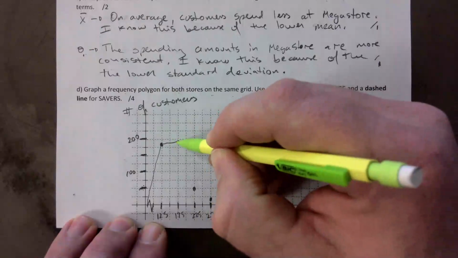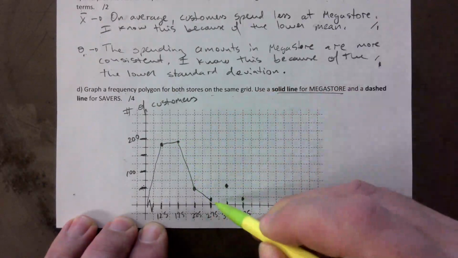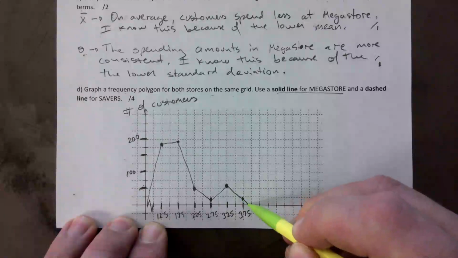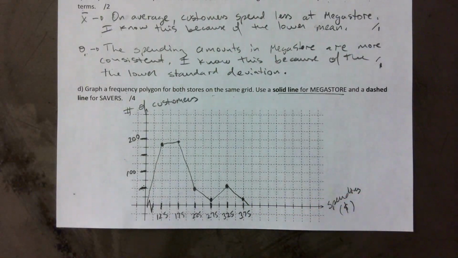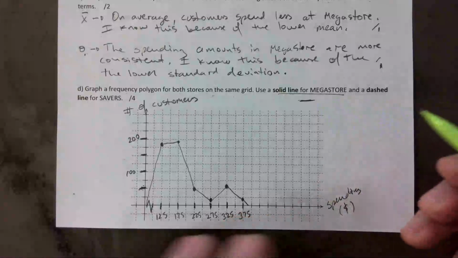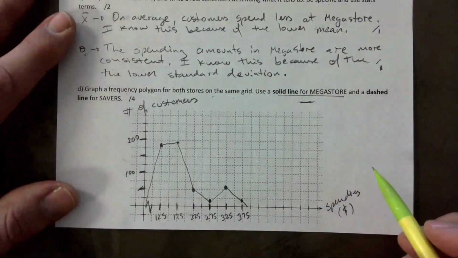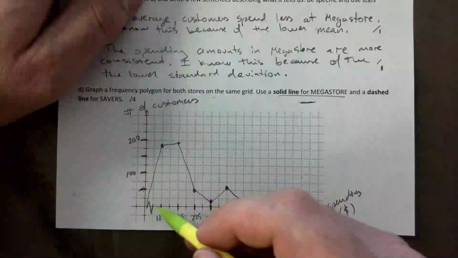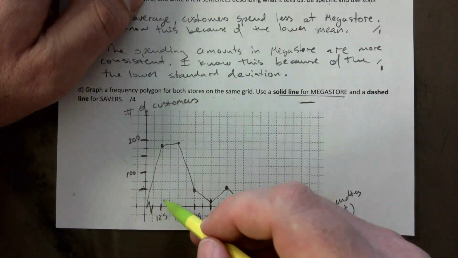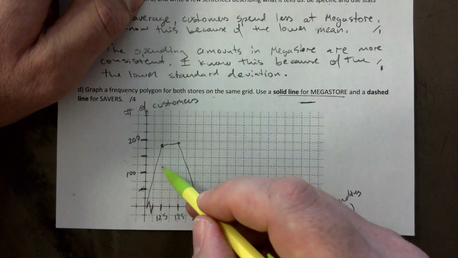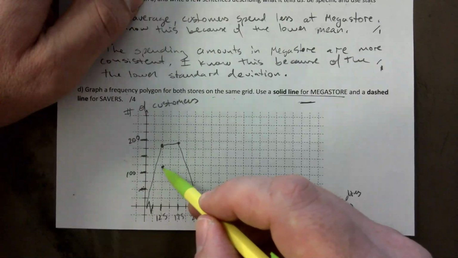I want you to use a ruler. I'm just doing this for time purposes. That is what it's going to look like for Megastore, right? Solid. And then dashed for Savers. So Savers for 125, we're at 123 customers, so it'll be somewhere in there. And then 70, 70, right?